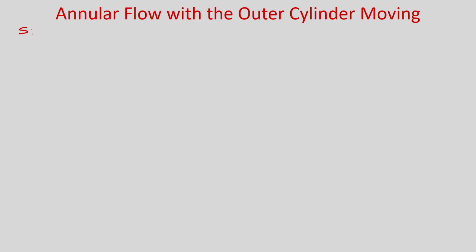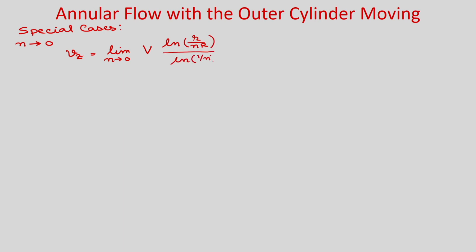So, special cases, first we will consider n tends to 0. Okay. So, what will happen? If n tends to 0, then you can write V z is equal to limit n tends to 0, velocity V ln r by n r divided by ln 1 by n. Okay.